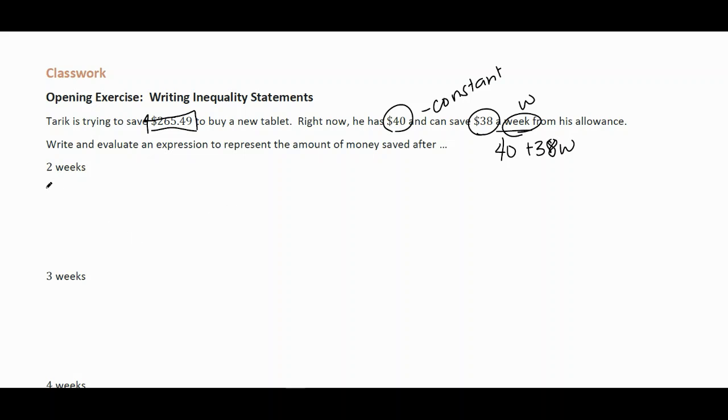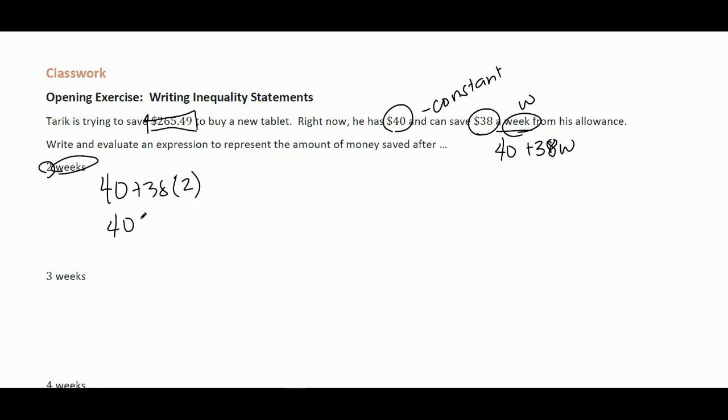For this one, we have 2 weeks. If you were given a particular number and it's already written in a way that the unit is the one that we are looking for, we just need to substitute the given number to the W. So we got 40 plus 38 times 2.